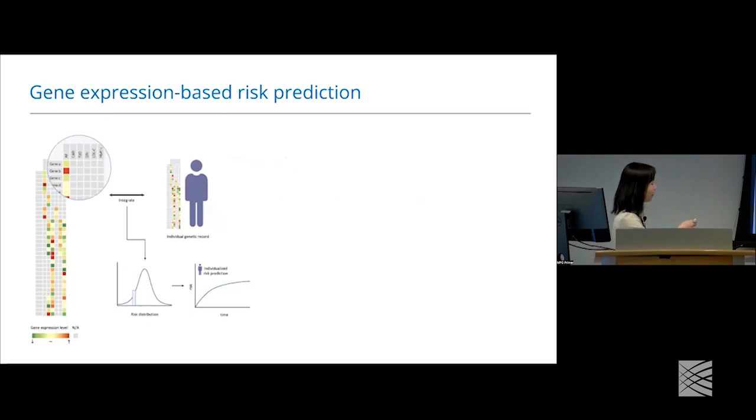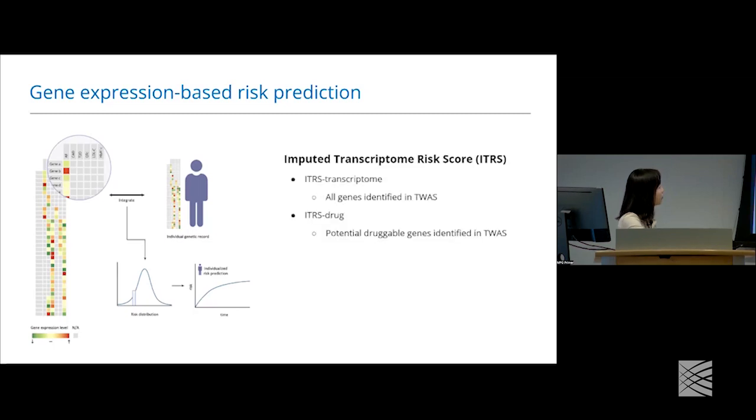Then we come to our second analysis, which is gene expression-based risk prediction. Using genes or gene tissue pairs identified in the previous TWAS, we constructed two gene expression risk scores for each phenotype.